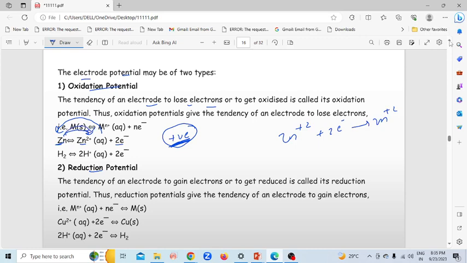Zn to Zn2+ is spontaneous, so this reverse reaction will not be spontaneous. Obviously, the reduction potential of this reaction will be negative.